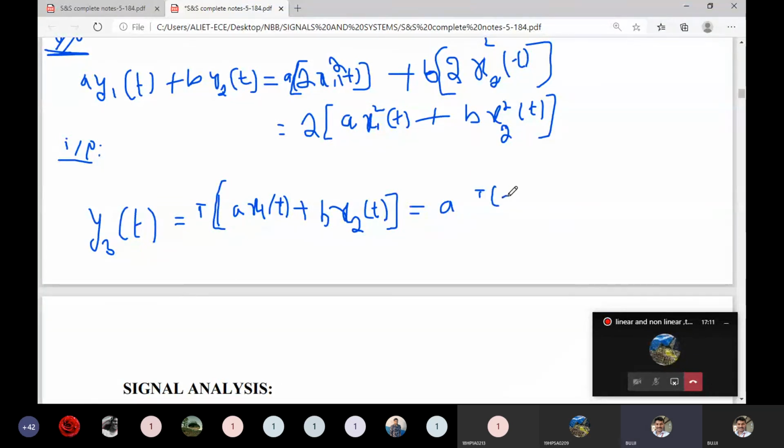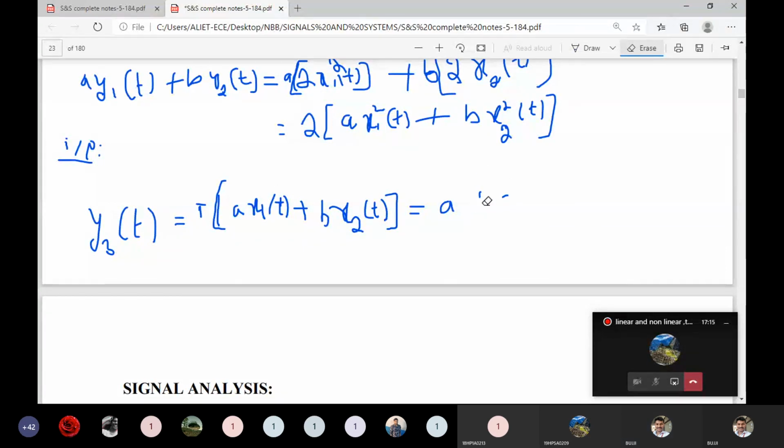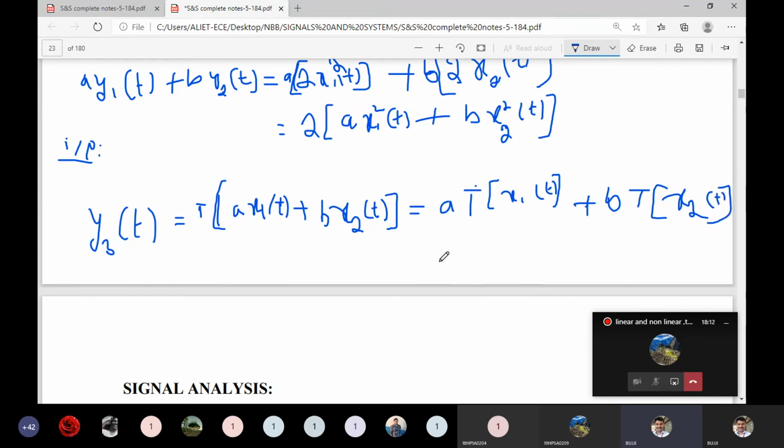transformation of x1 of t plus b into transformation of x2 of t.